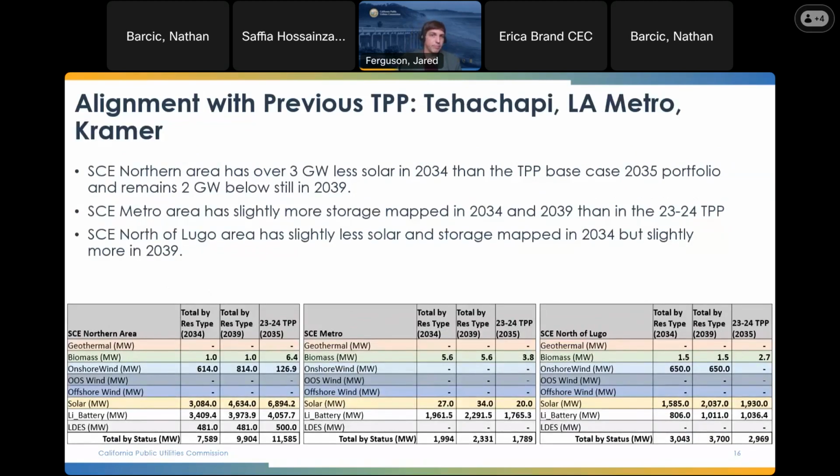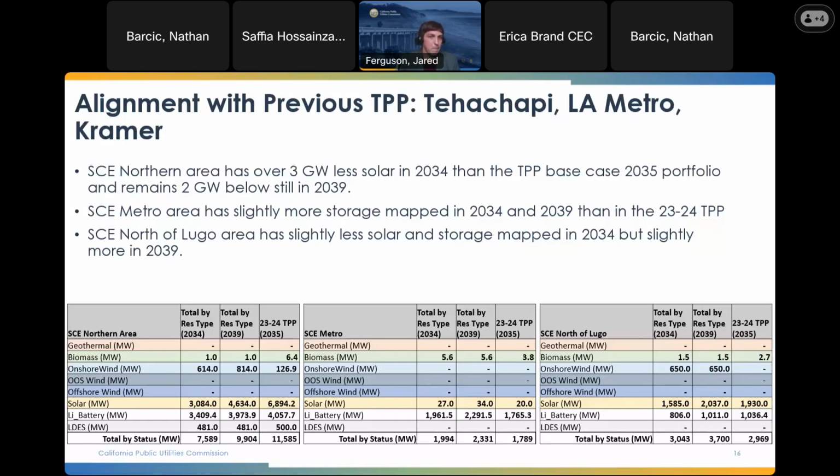In the Southern California area, looking at the Tehachapi, LA, and Greater Kramer areas, Tehachapi is following a similar pattern as the Southern PG&E area, where in 2034 you have significantly less solar and storage. However, unlike in the SPG areas, in 2039 you still have about 2 gigawatts less solar in the Tehachapi area, and that goes back to the general portfolio resource mix composition.